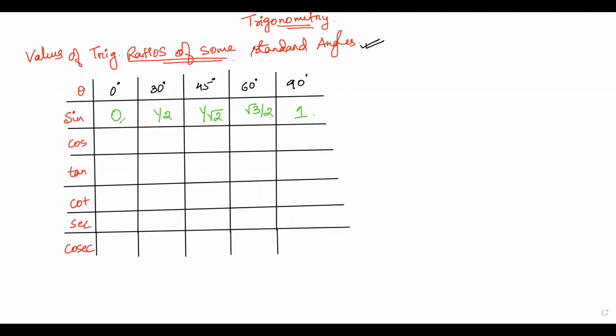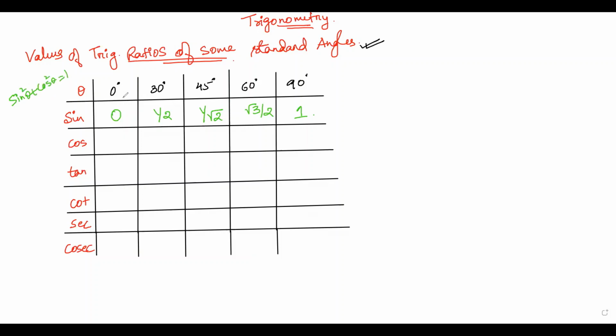Now, we just have to remember the first row, that is the value of sine 0, sine 30, sine 45, sine 60, and sine 90. And based on these values, we can fill the complete table. Because if we know the value of sine of these angles, then we can find the corresponding values of cos of these angles simply by using the relation sin square theta plus cos square theta equal to 1.